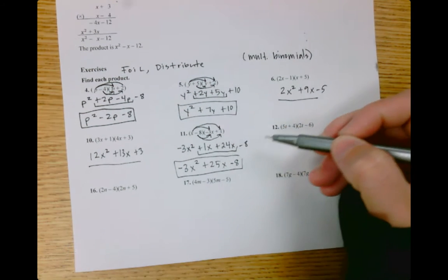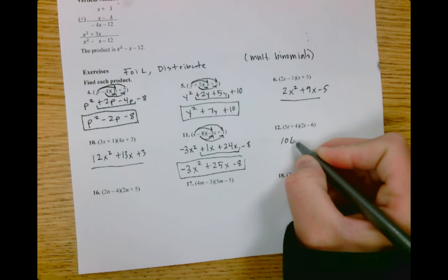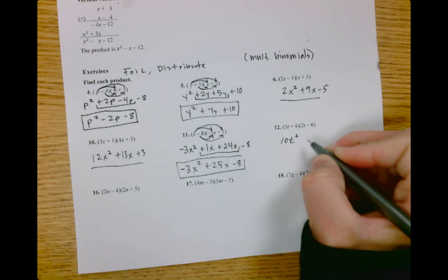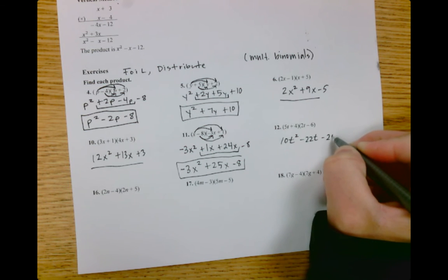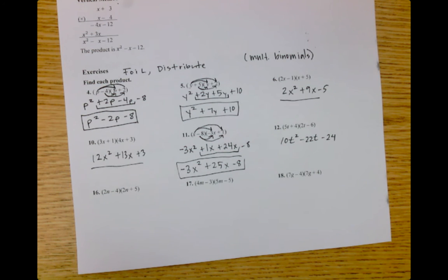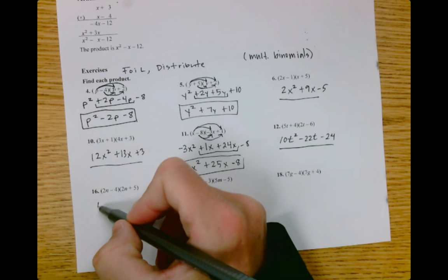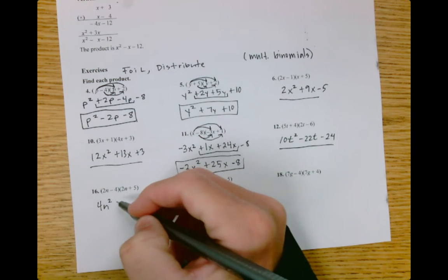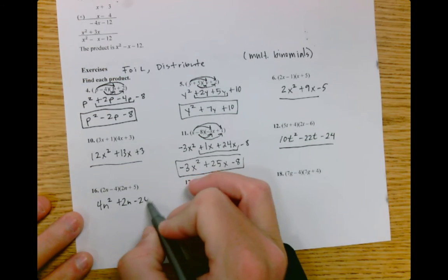Number 12 should be 10t squared minus 22t minus 24. 16, and then I'll do 17 and 18. 16 should be 4n squared plus 2n minus 20.